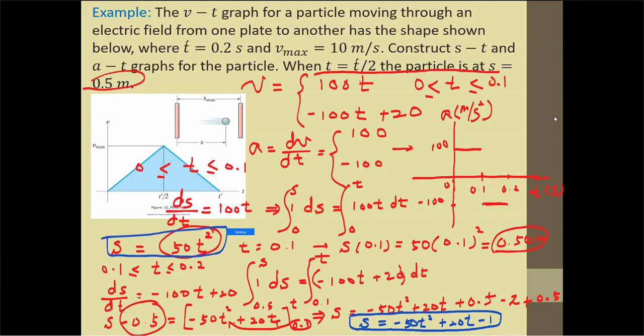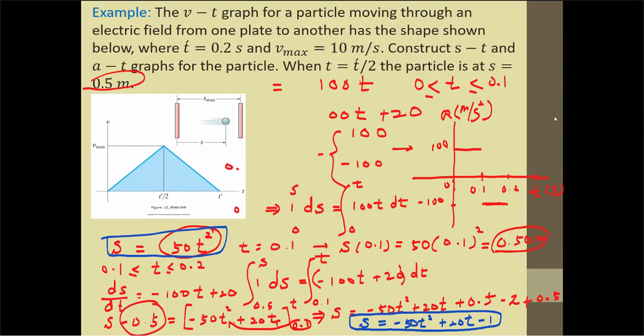Second time interval, s is negative 50t squared plus 20t minus 1. Now we have graphed this one properly. Now I'm going to delete some of those, and graph 50t squared and negative 50t squared plus 20t minus 1.